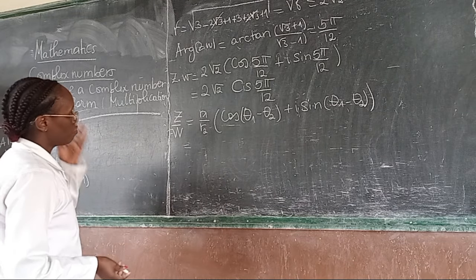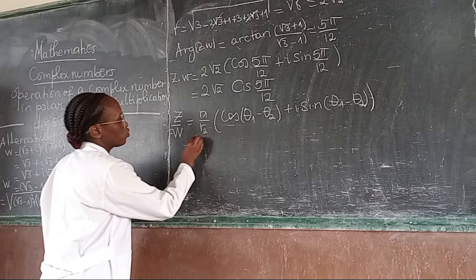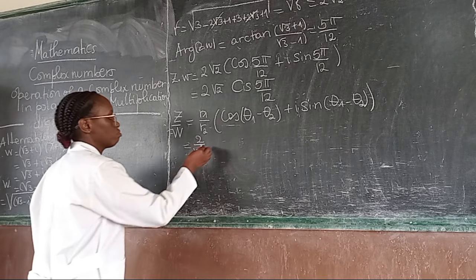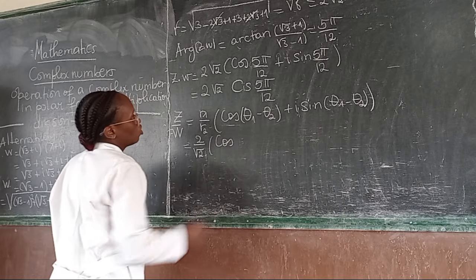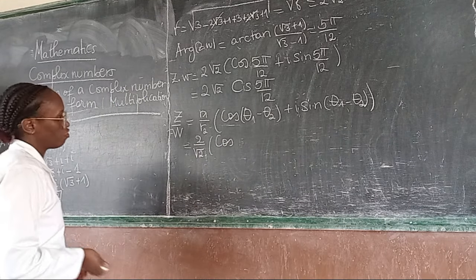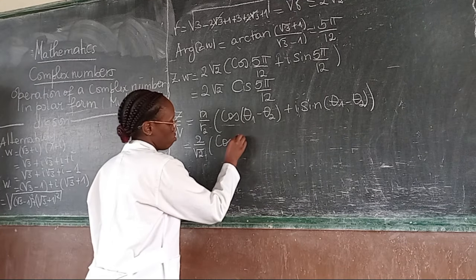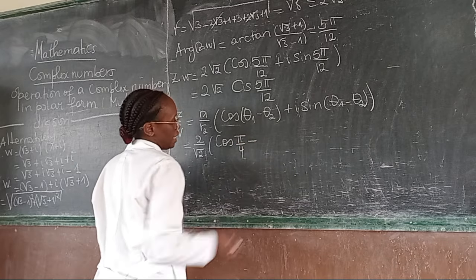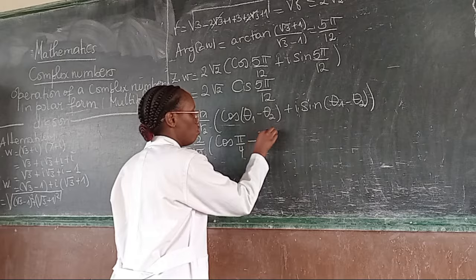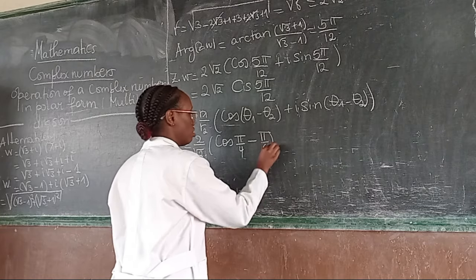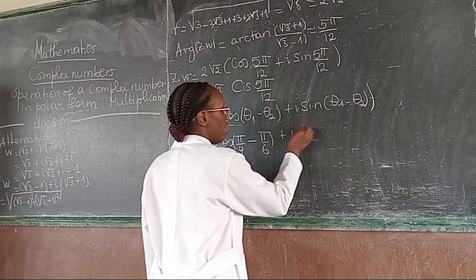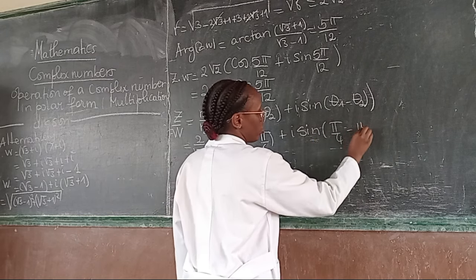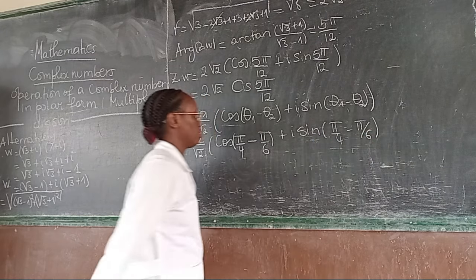We will have 2 over square root of 2 cosine of pi over 4 minus pi over 6 plus I sine pi over 4 minus pi over 6.